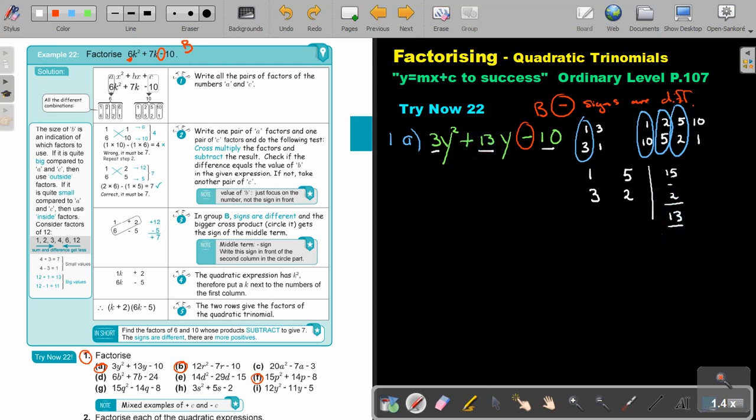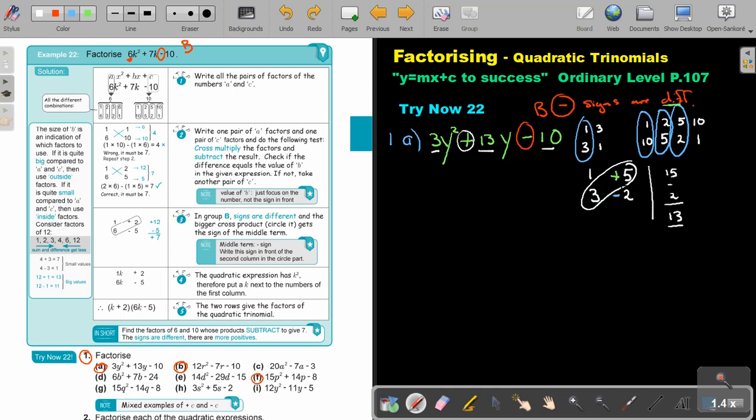Okay, and then remember what the signs? The signs are different. So always, if the signs are different, make a circle around the biggest cross product, and then put that sign there in the circle, in front of the second column. And then if this is positive, because it's different, then this is going to be negative.